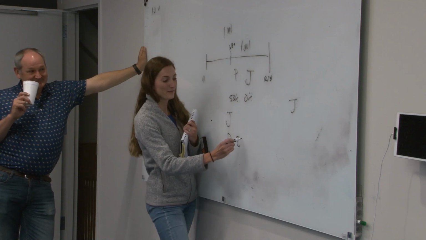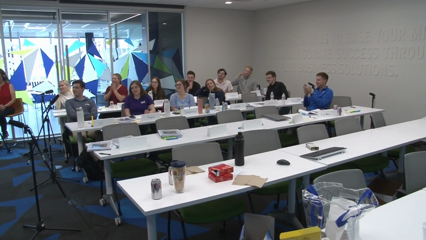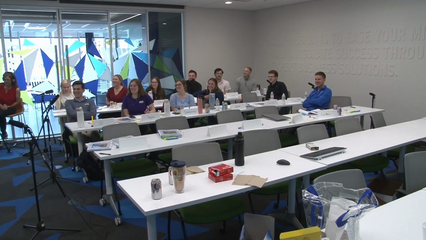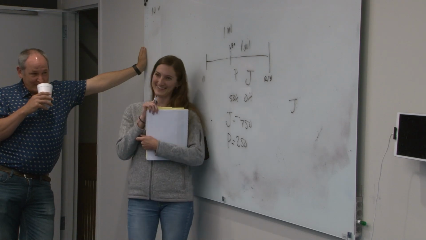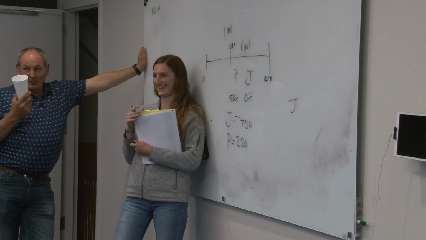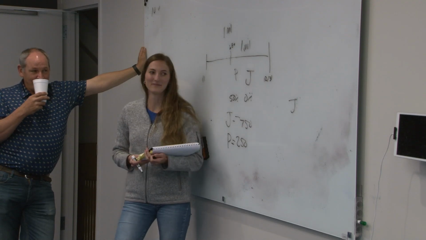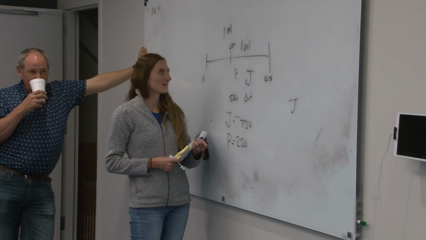I think he gets 250 total. Yes. Jay gets 750. Is that right, Michelle? Isn't that the same as what they got when they made the election? That's right. Good job, Tatum.